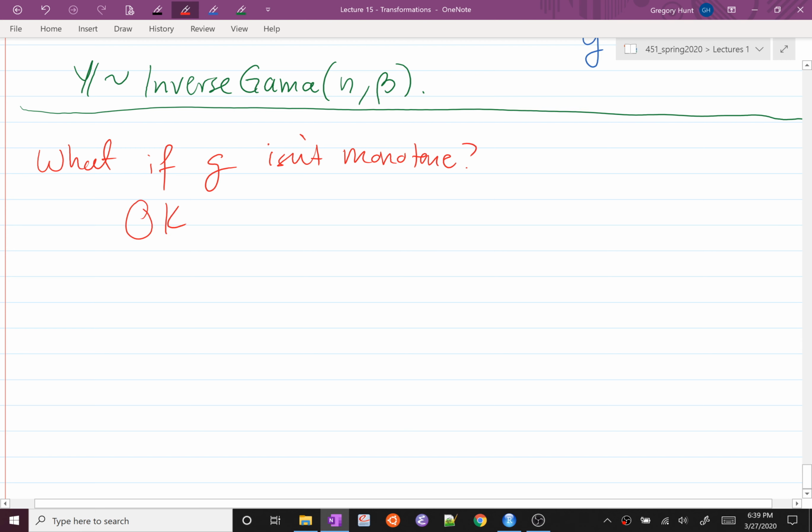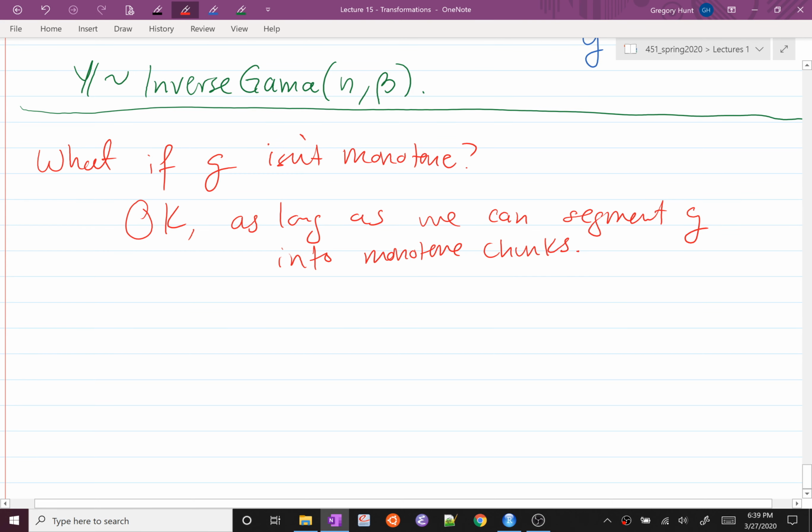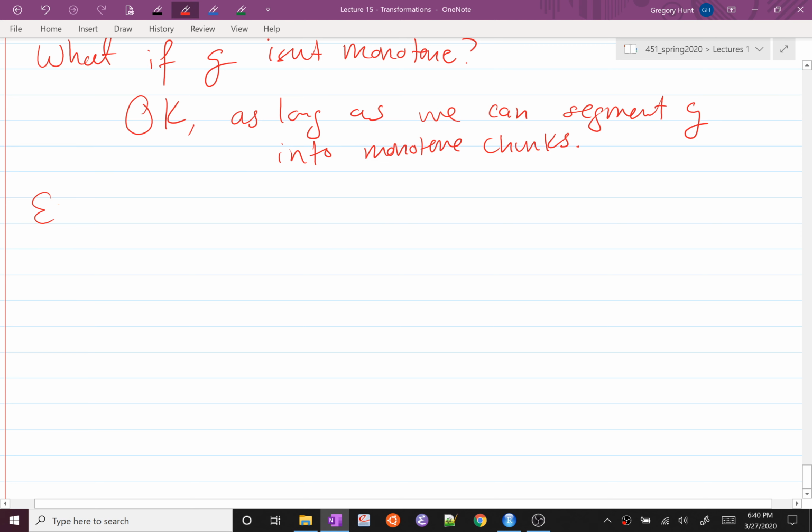And so the answer is okay, as long as we can segment g into monotone chunks. So what do I mean by that? My example here is, what if I look at y is the square of x?